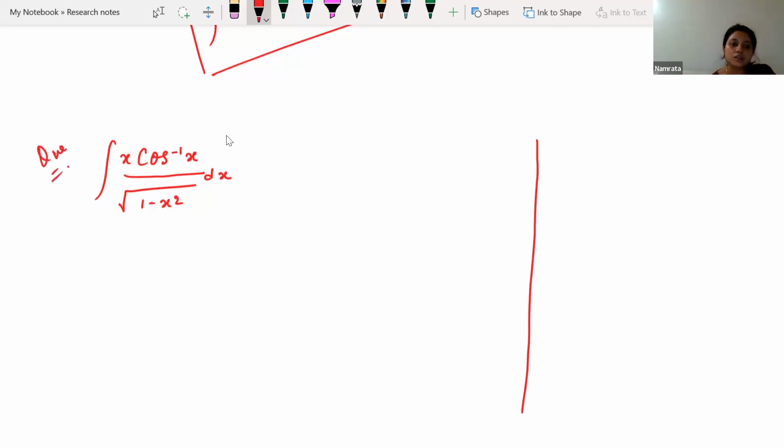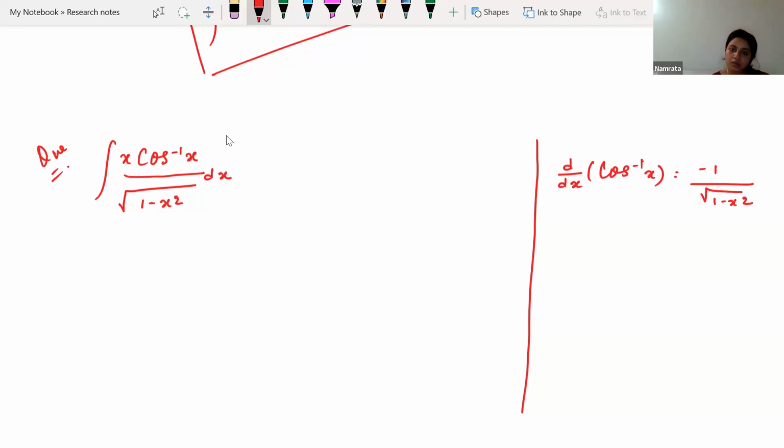So here, what is the derivative of cos inverse x? d/dx of cos inverse x is equal to minus 1 by under root 1 minus x square.